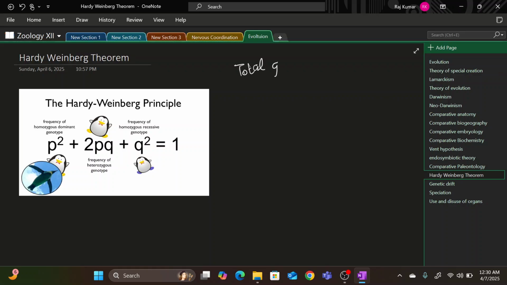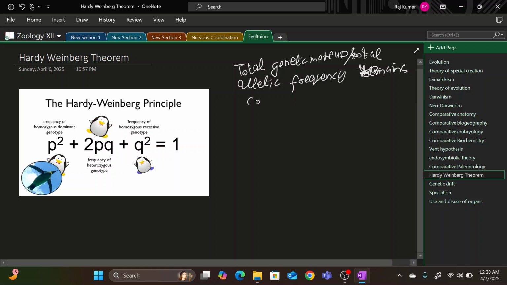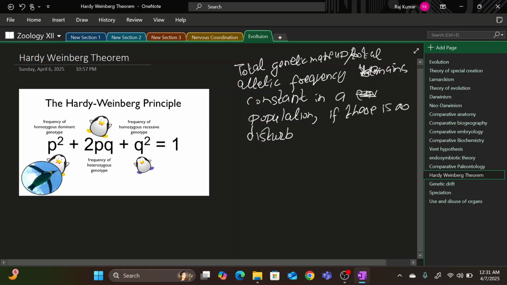remains constant in a population if there are no disturbing factors.